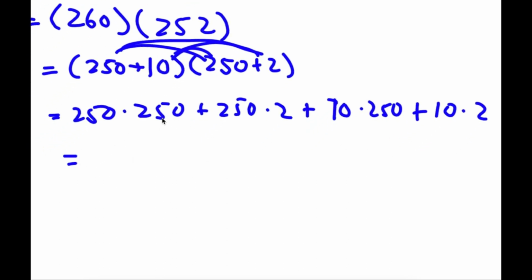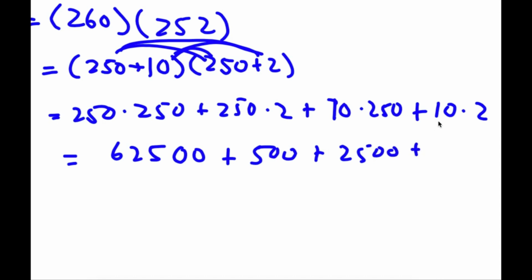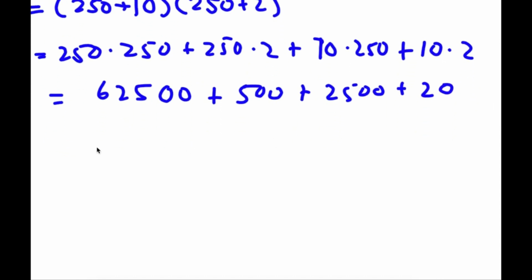Now this is equal to 250 times 250, well 25 times 25 is 625, so then we just add in these two extra zeros. Now 250 times 2 is 500. 10 times 250, that's 2500. And finally 10 times 2 is 20.